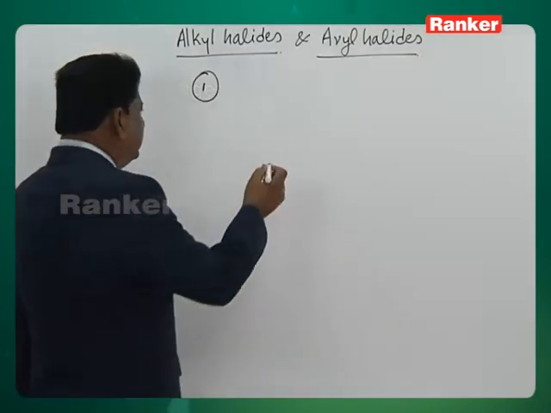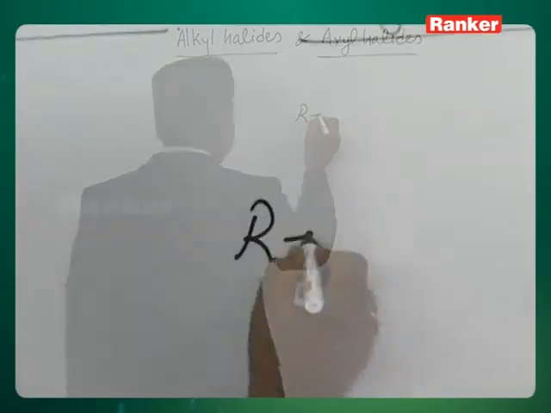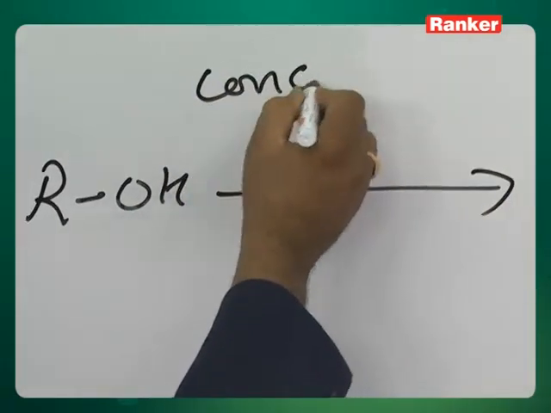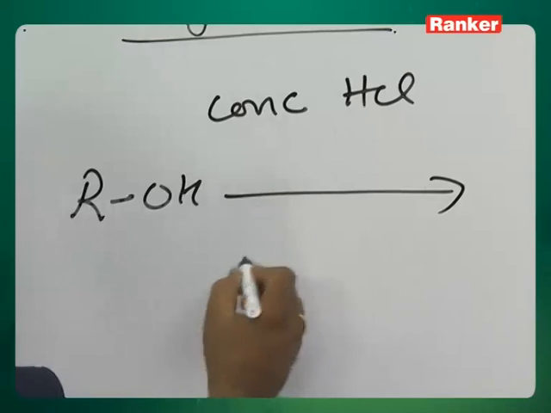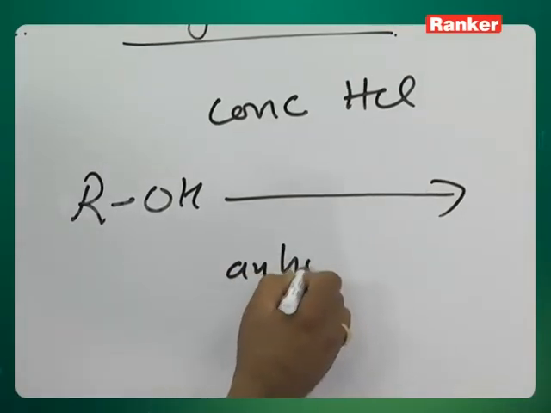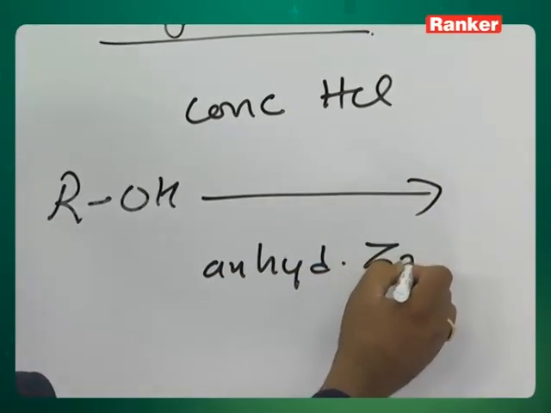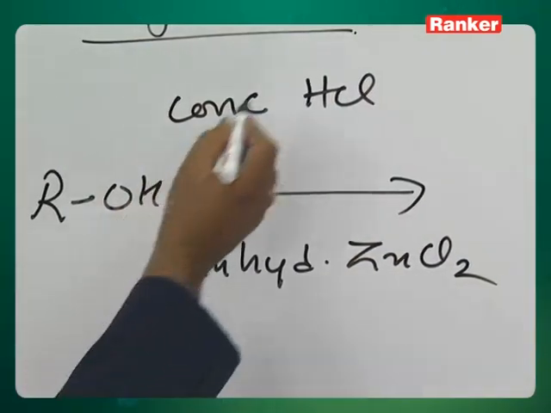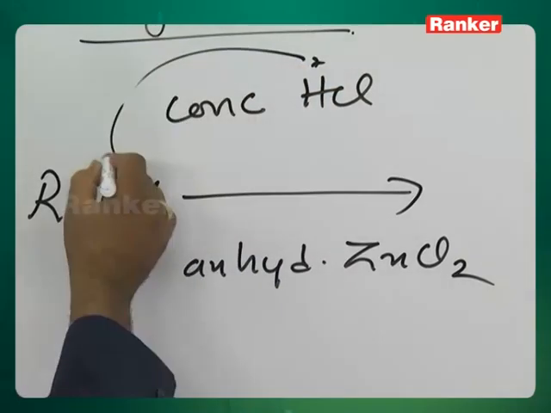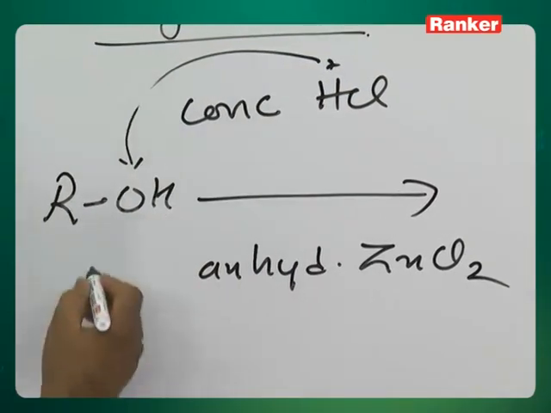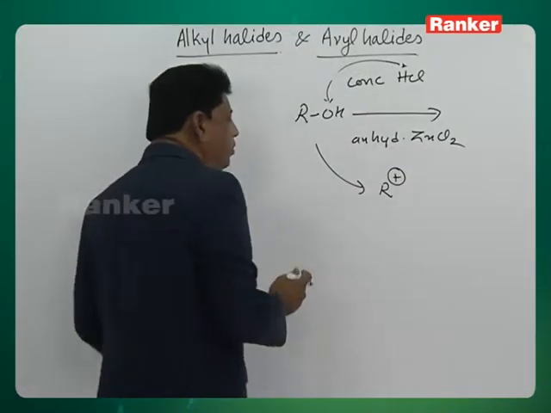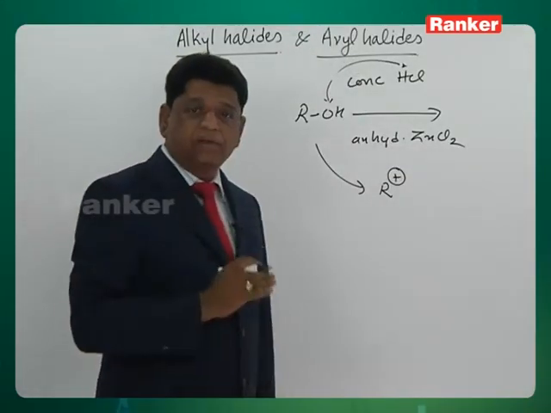In the Lucas reaction, what happens? An alkyl alcohol is treated with concentrated HCl in combination with anhydrous zinc chloride. This is called the Lucas reagent. In this reaction, the H plus will attack the OH and it goes out as water, so what comes is a carbocation. The more stable the carbocation, the faster the reaction.